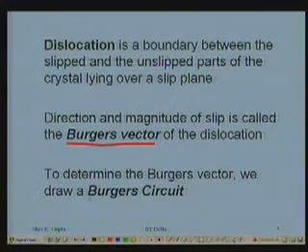So, we determine the Burgers vector of a dislocation line by using a technique called drawing a Burgers circuit. A Burgers circuit is nothing but a circuitous path in a crystal.